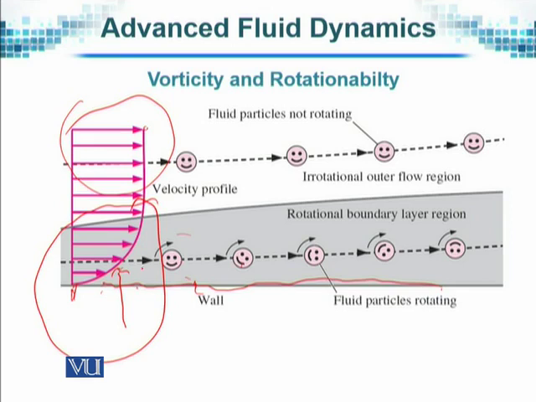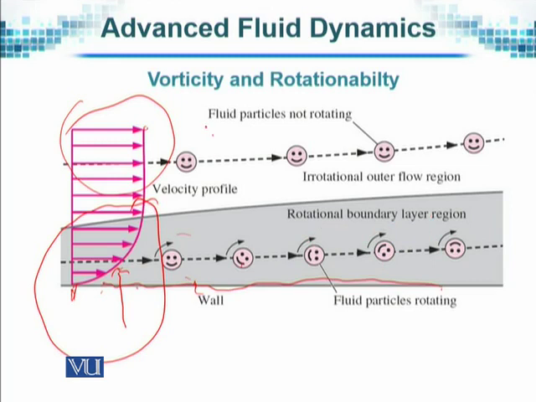And so you can see there is no rotation here, but due to viscosity, a small rotation is introduced, so slowly it has rotated, it has moved, and it continues to rotate. As you go away, you can see the particle is significantly rotating.